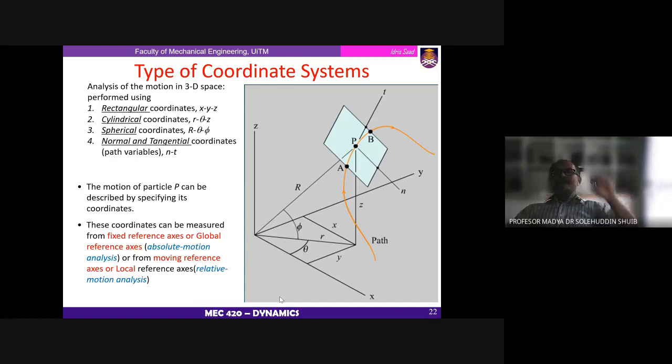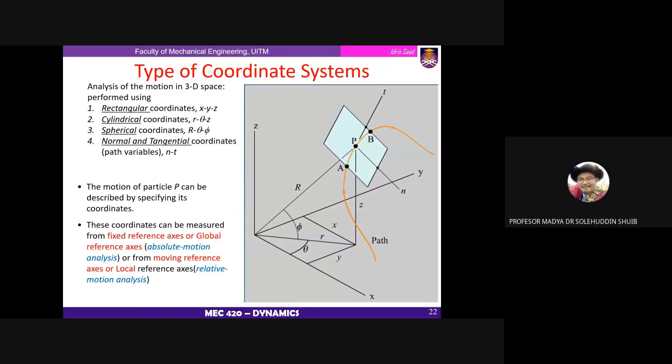Any questions so far before I proceed to talk about the types of coordinate system? Any feedback so far? Are you okay? Are you with me or not? Yes, so far okay. Nurul Huda, are you okay? Are you following me?